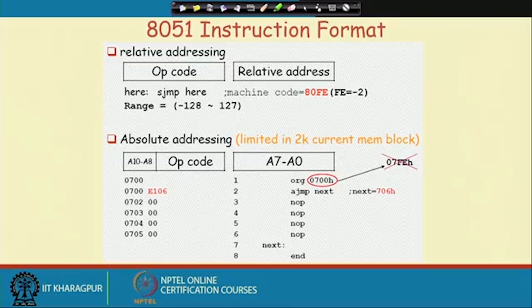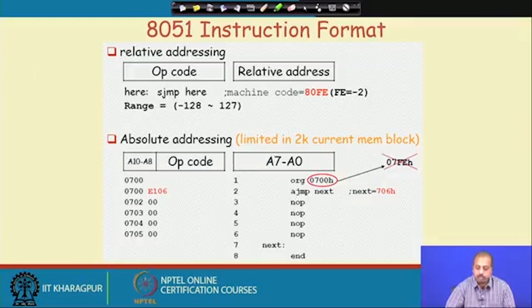In case of the absolute jump instruction in 8051, we have got different versions. One version is the AJMP instruction. This AJMP is an absolute jump, but it is limited to 2 kilobytes from the current memory block. So, you cannot go beyond 2 kilobytes. Why?